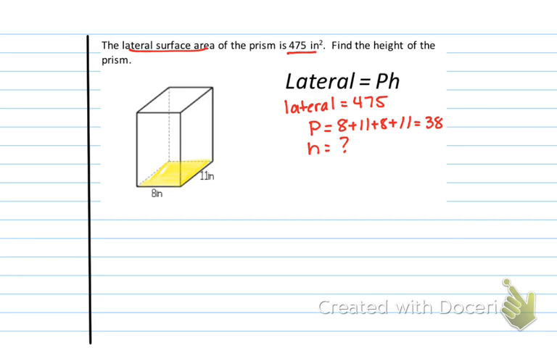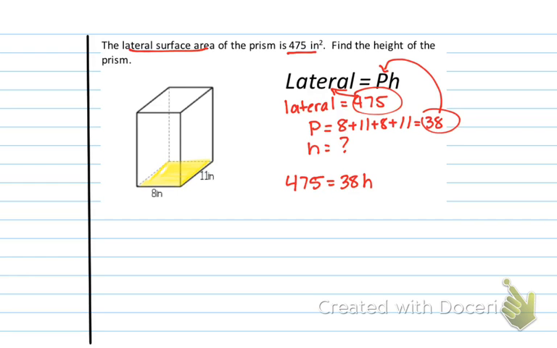Okay, so if I put these into the formula, this is what I have. I have 475 is equal to 38, which is our P, and then times height. So I need to find out what can I multiply 38 with to get 475.